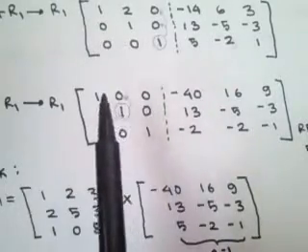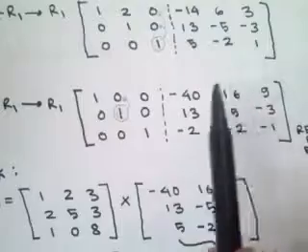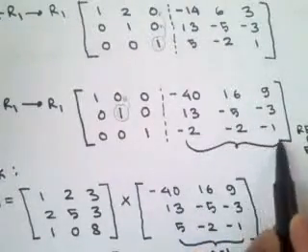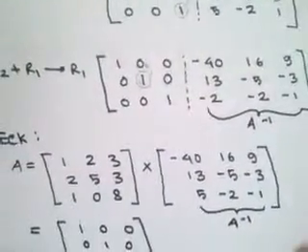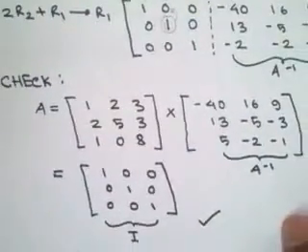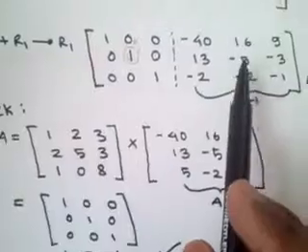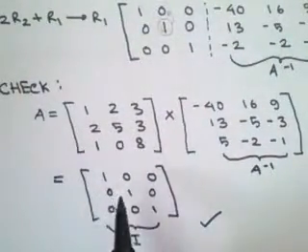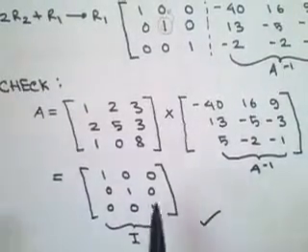We have the identity matrix on the left hand side and the values of A inverse on the right hand side. So these are the values for our A inverse, and to check if our answer is correct or not, we multiply A with our values from A inverse, and see if we get a matrix in the form of identity.